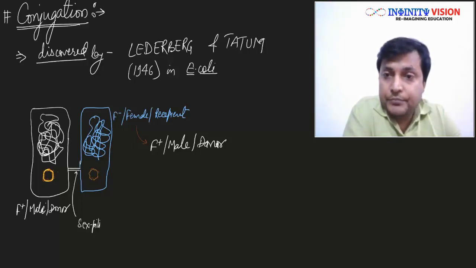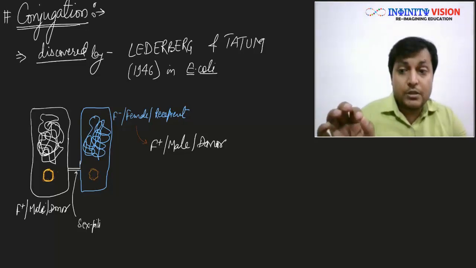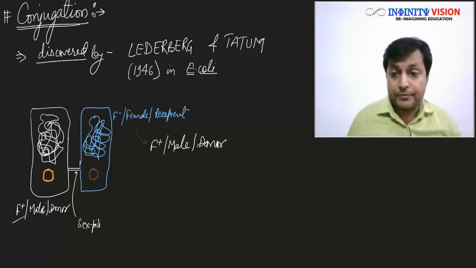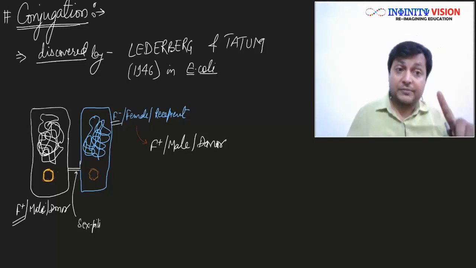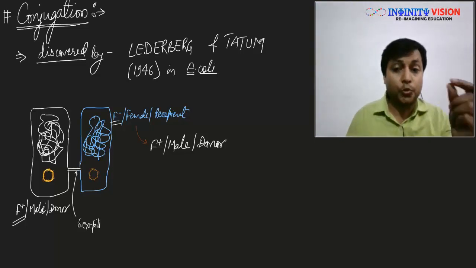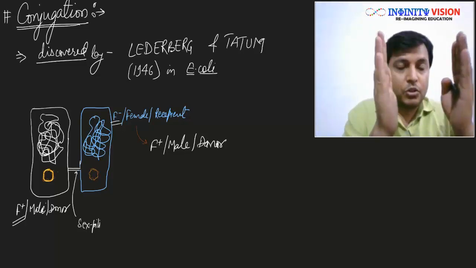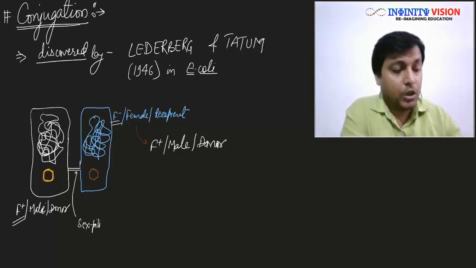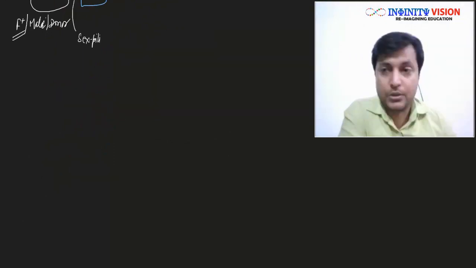One more thing to remember here is during conjugation, can you see the genetic material from this F positive bacterium is transferred to the F negative bacterium? That is, the transfer of genetic material from one bacterium to another bacterium is taking place with the help of, or you can say through, this sex pili. Okay, and this process is called conjugation. Do remember this. Great. I hope conjugation is clear to all of you.